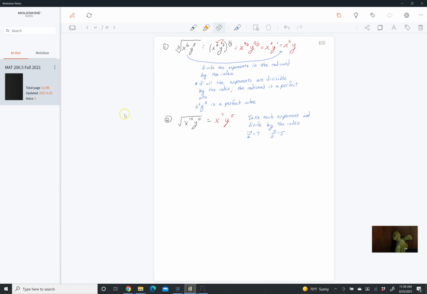And as a result, we were able to get rid of the radical because this is a perfect square. Okay, let's add a little bit to this.